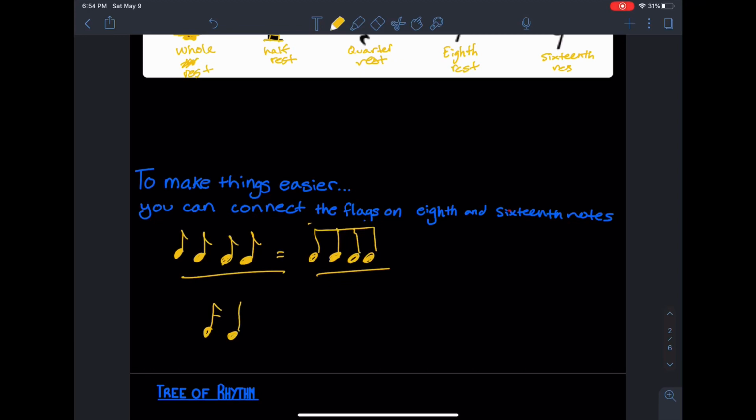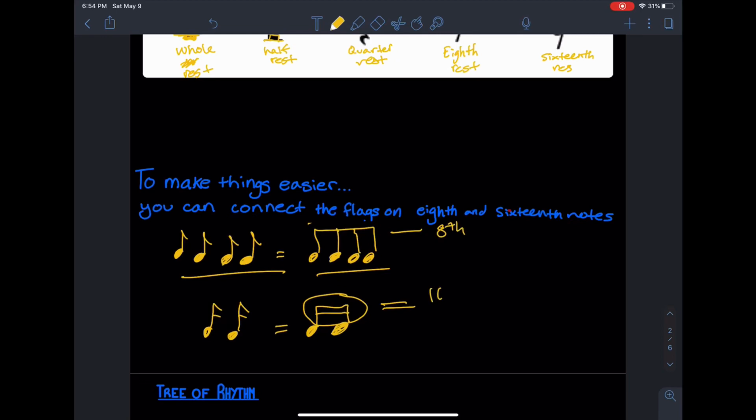So let's say we have 16th notes. We can connect them the exact same way just by doing this. Now when we have 16th notes, it's important to add the double connection, the double stem at the very top, because that signifies that they're 16th notes, and the single one signifies that they're eighth.